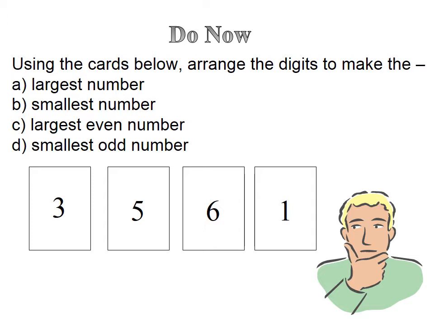Well done if you managed that one. The smallest odd number could have ended in a 1, 3 or 5 in order to be odd. The smallest possibility was 1,365. Very well done if you managed those questions.